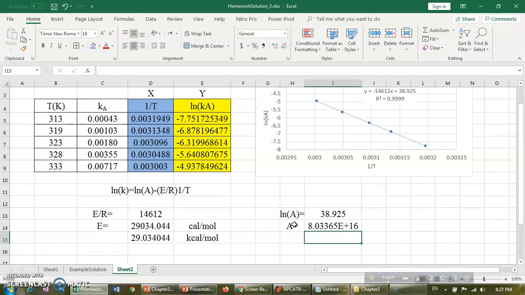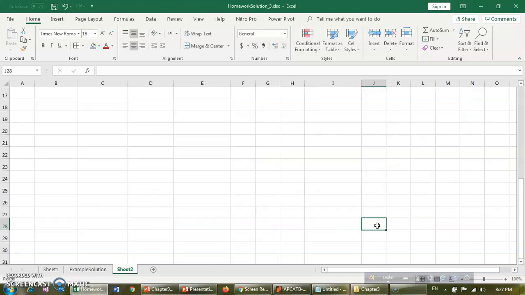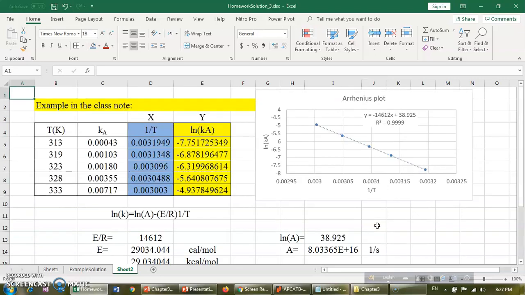We know the unit of A should be the unit of k, and if you remember, the unit for this reaction is second inverse. So the unit of A should be second inverse, or 1 upon second.